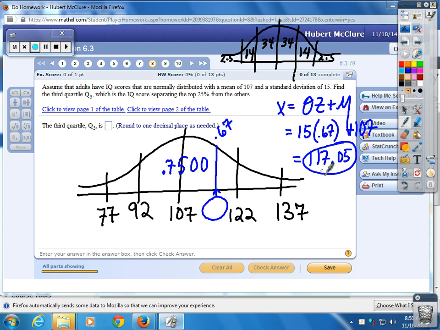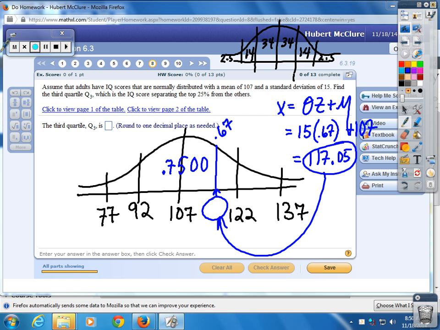And that number goes right there. Of course, if I had seen 177, I would have drawn it right there and said, what? No, 177 is way out here, so I would have caught it. You would have caught it if you made that mistake on the test.